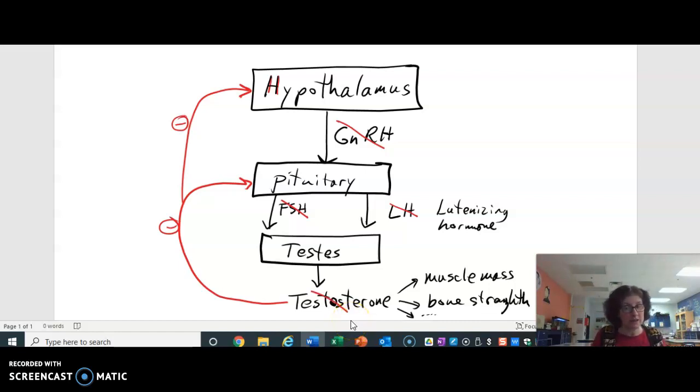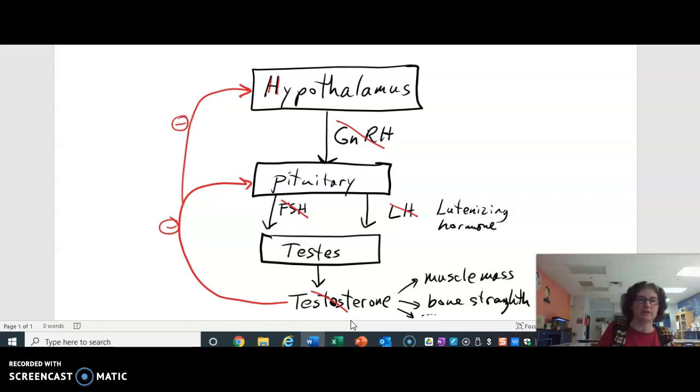So if you turn something on, you need to have a way to turn it off. It's not good to have too much of anything, and too much testosterone could also be harmful. All right, so that's the basic pathway. That's the normal pathway in the human male in terms of producing testosterone as the final response.